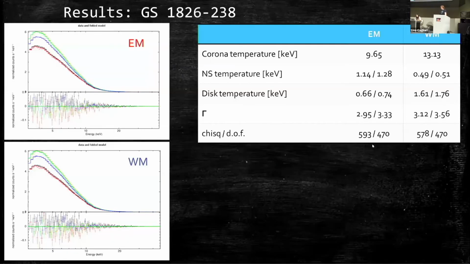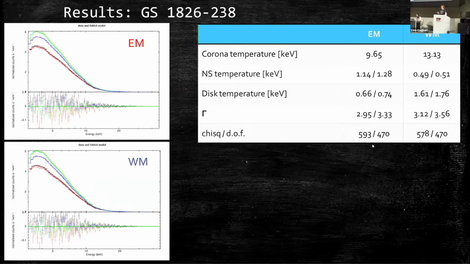So these are the results of the first source, GS 1826. You can see for both the cases with the slab and the shell corona, we got some reasonable statistics. And here I'm reporting the best fit parameters. For both of these cases, we had two intervals that we studied.